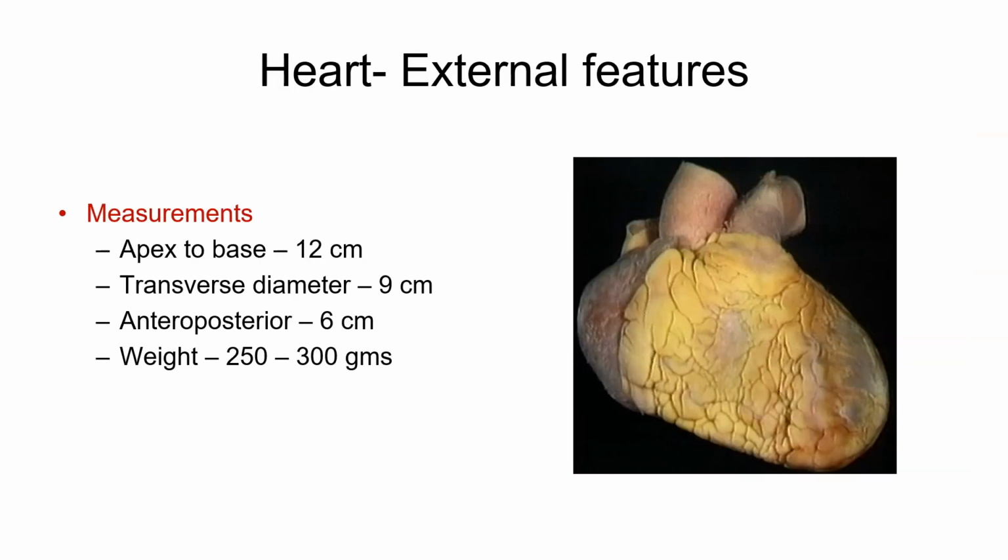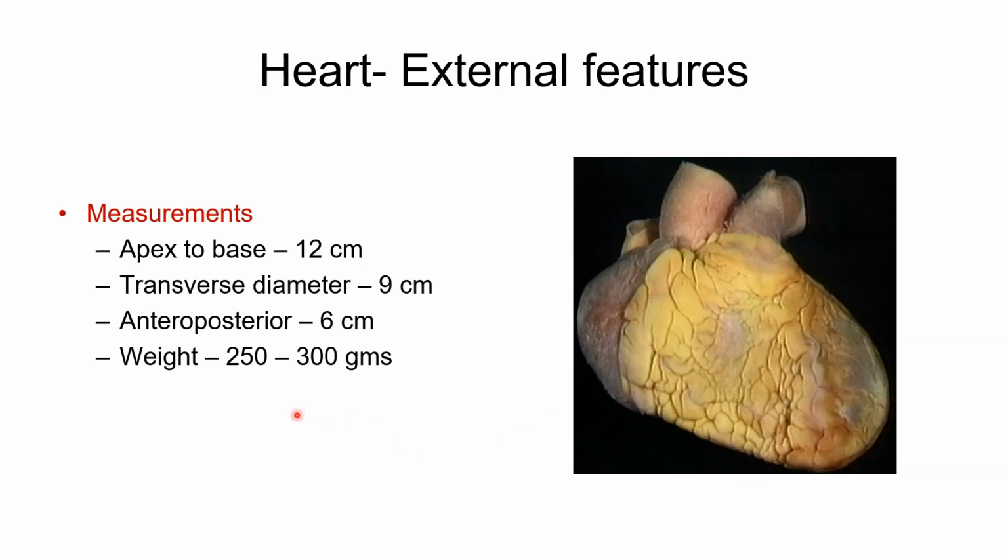And if you see the measurements of the heart, from the apex to the base it is about 12 centimeters, whereas the transverse diameter is about 9 centimeters. The anteroposterior diameter is about 6 centimeters.